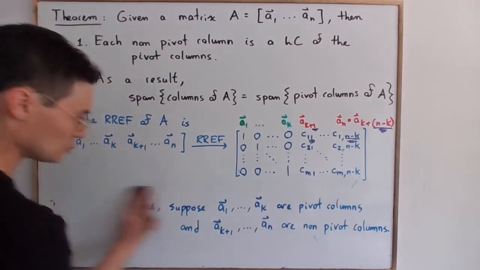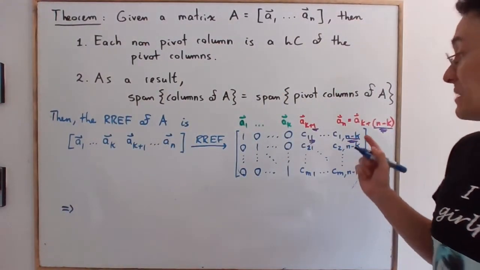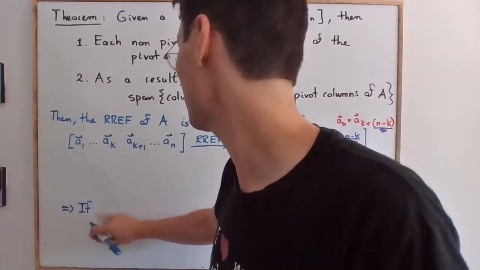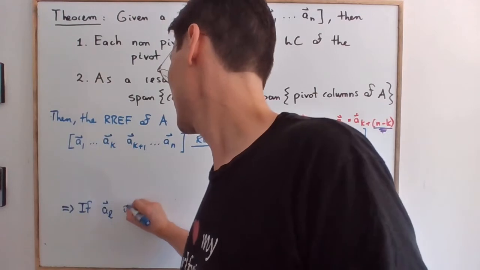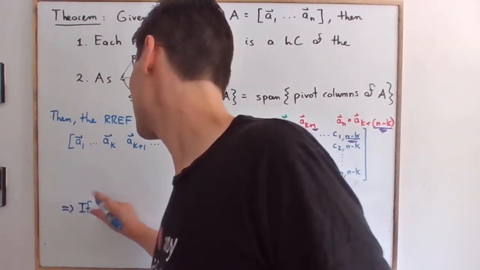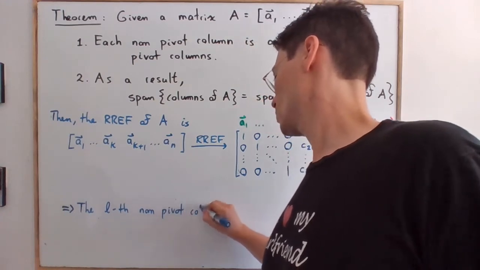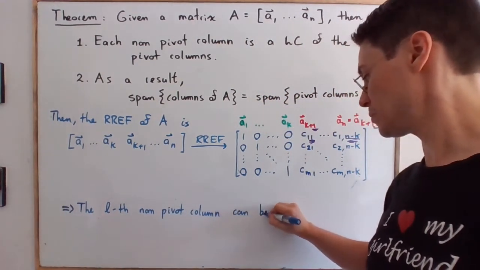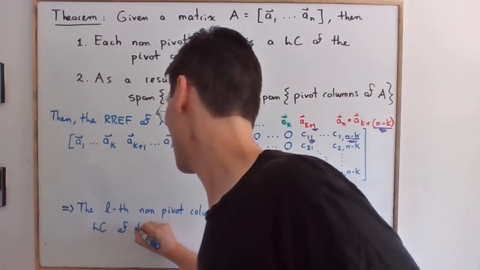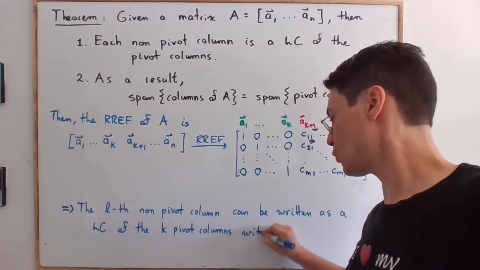So that being said, it means that if AL is a non-pivot column, let's say the Lth non-pivot column, it can be written as a linear combination of the k pivot columns with weights.